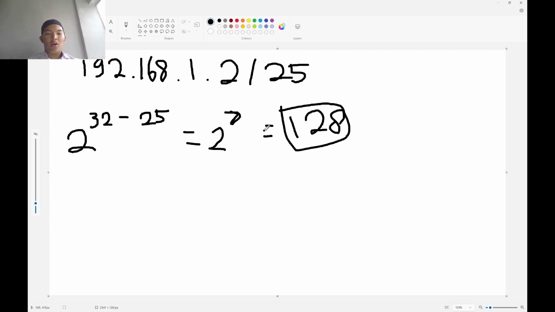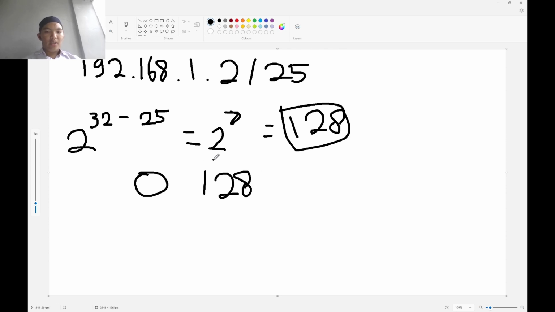And how can we know how many groups are in this subnet? Okay, like this. The first number in the first group is 0. This is the default. 0 cannot, 1 cannot. So the first number is 0. And then the second is 128.